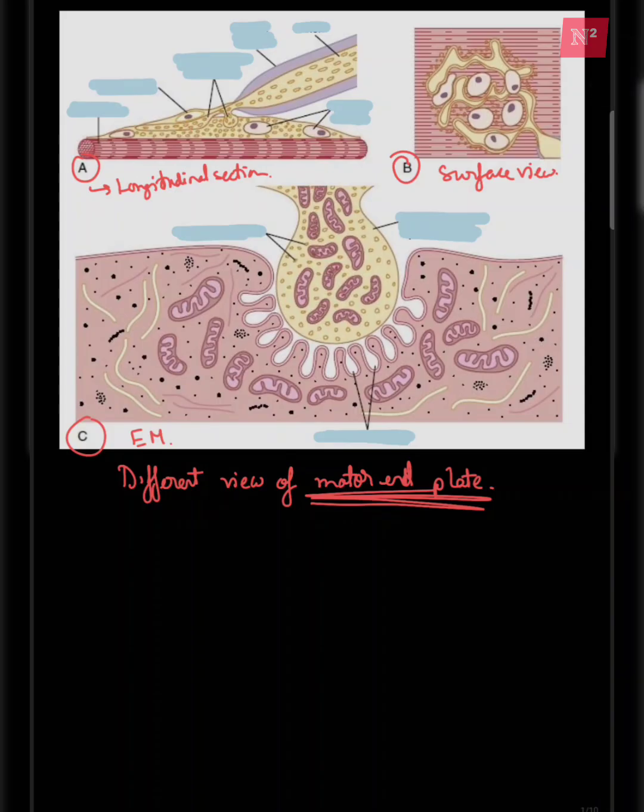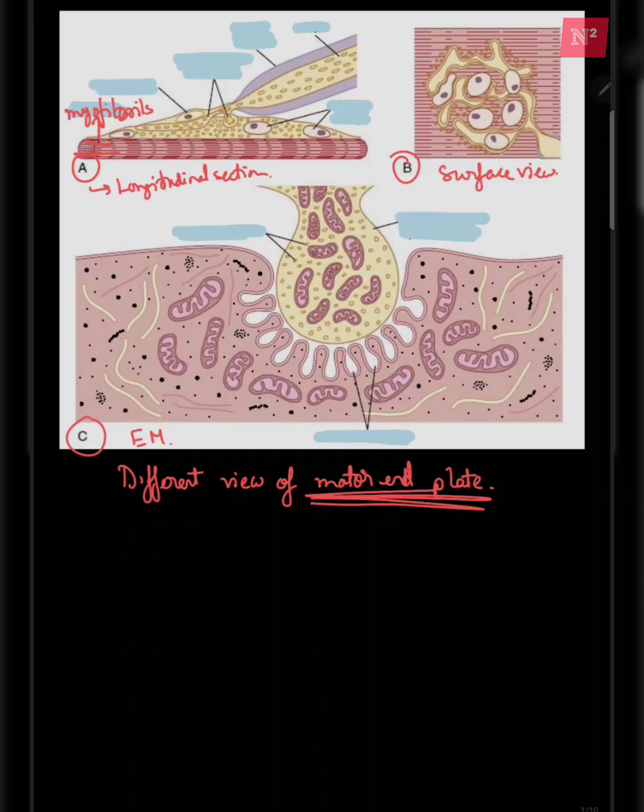Now in the A figure, this part is showing you the muscle. This part is showing you the myofibrils, the collection of actin and myosins. Many such filaments are combining together and forming a fibril.